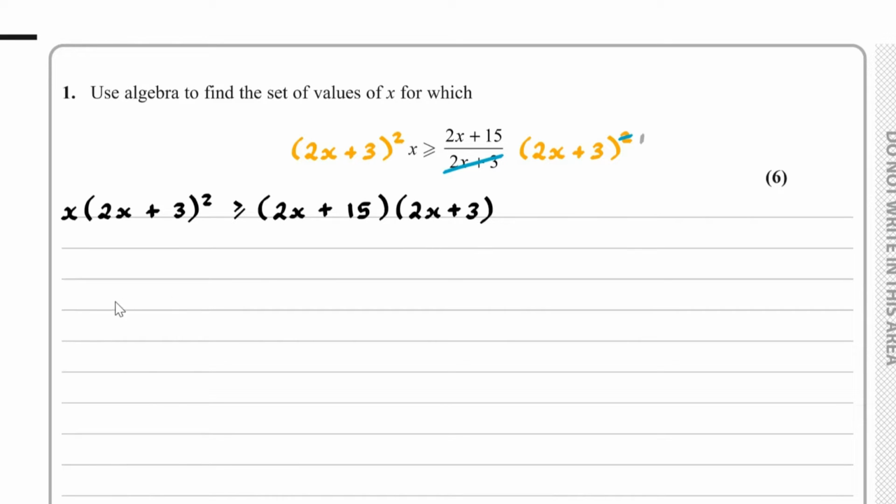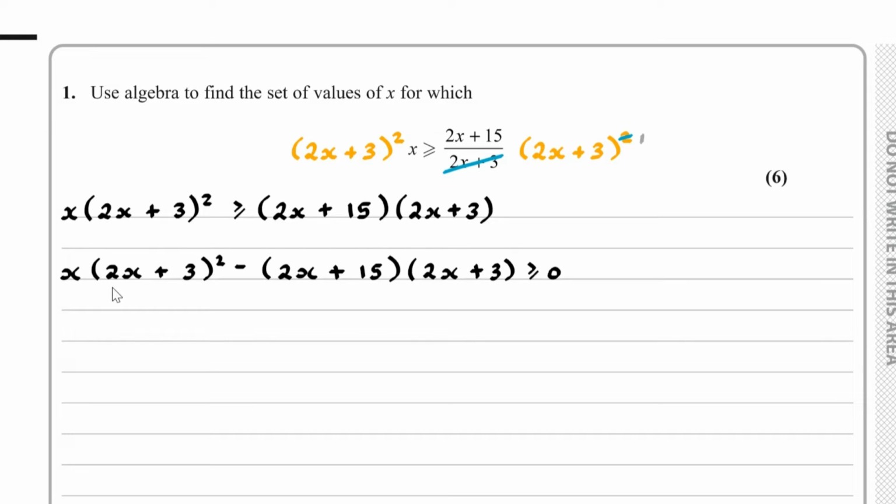And now if we take everything over to one side, we have x multiplied by 2x plus 3 all squared, subtract 2x plus 15 multiplied by 2x plus 3 being greater or equal to 0.